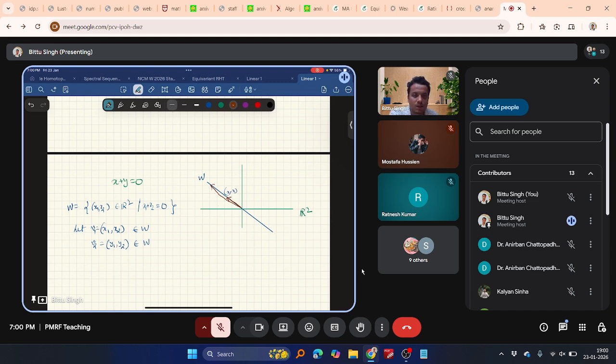Graphically it is easier to see. If we take any two vectors from this line, then their addition also belongs to this line, because they are in the same direction.